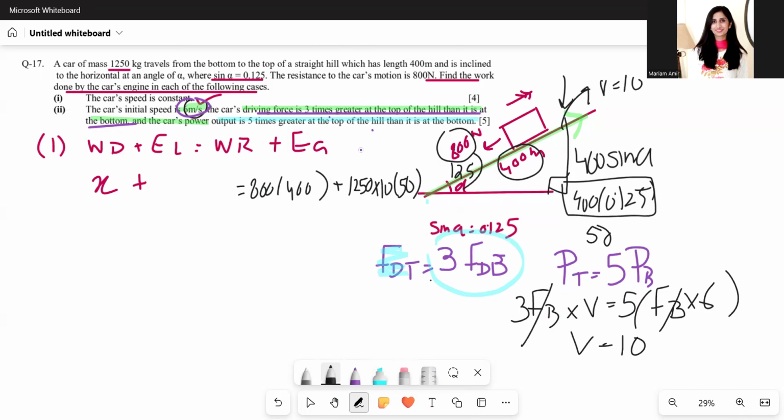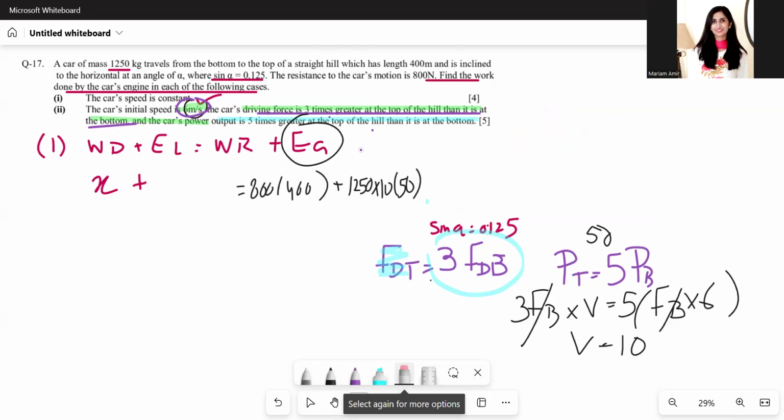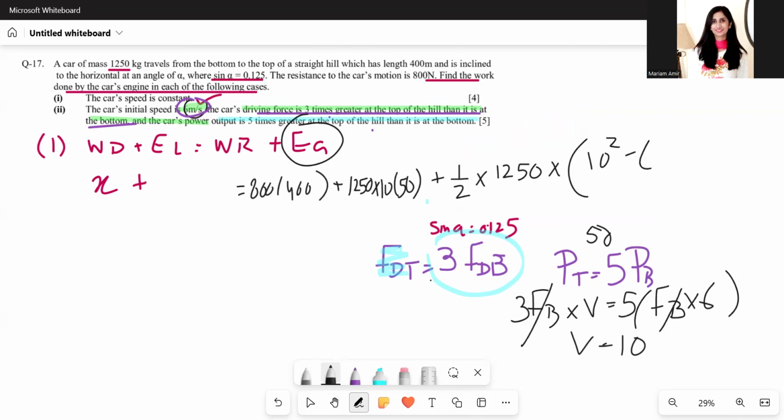Okay, now that means there's a gain in kinetic energy. So there's a gain in potential energy and a gain in kinetic energy as well. Okay, let's use the space now. Gain in kinetic energy is going to be half times m times the square of the bigger speed, which is 10, minus the square of the smaller speed, which is 6.